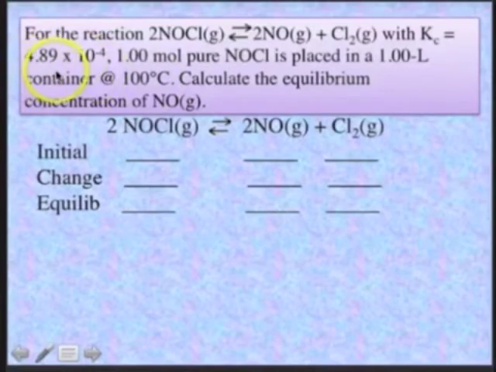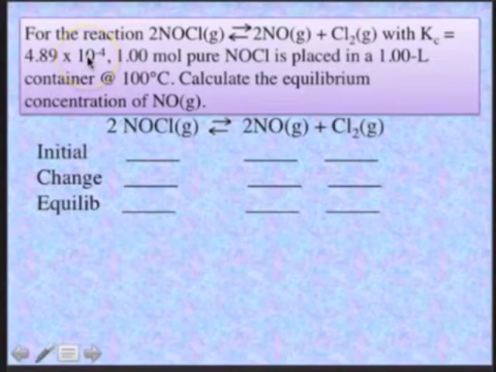Because here, you're getting to the threshold of K values. If K is 10 to the minus 5 or smaller, almost always you can use the approximation if the initial concentration is large enough to warrant that approximation, and it usually is.